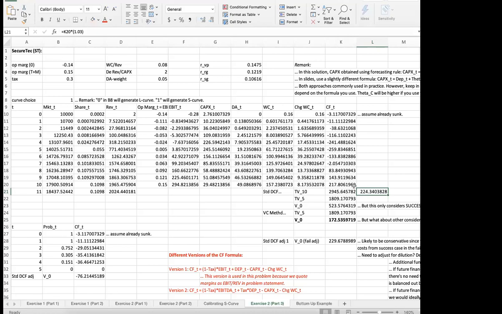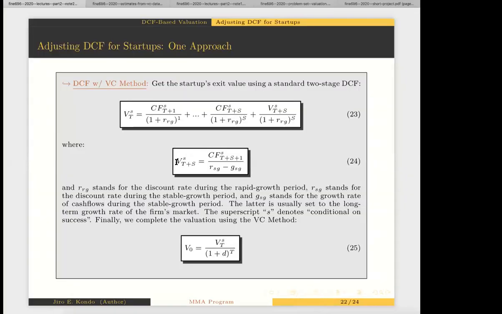SecureTech is not capturing any additional market share or losing market share, so it should be growing at a very similar rate to the overall industry. Given those two observations, we can get our estimate of the value of this startup once it stabilizes, at time T plus S, conditional on success, just given by this growing perpetuity formula.